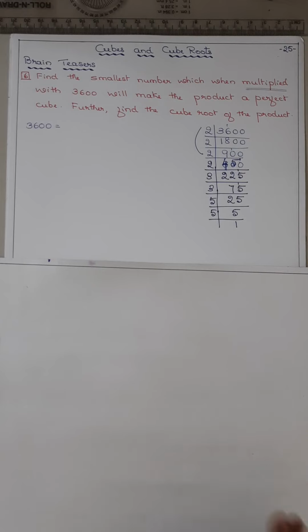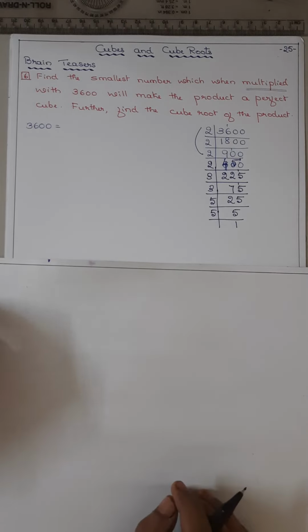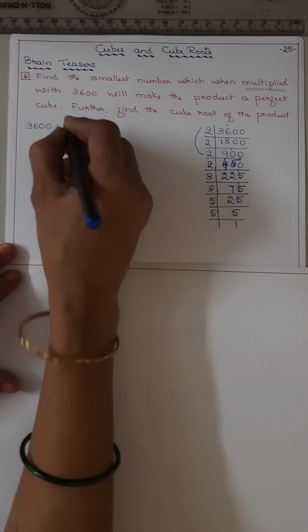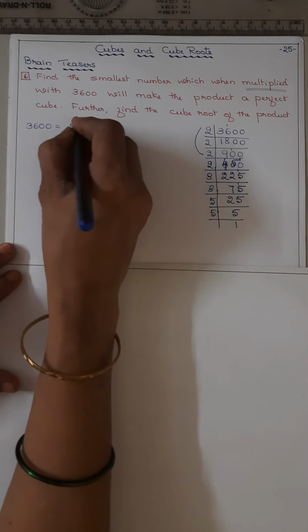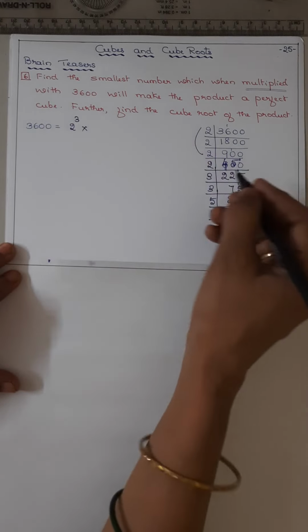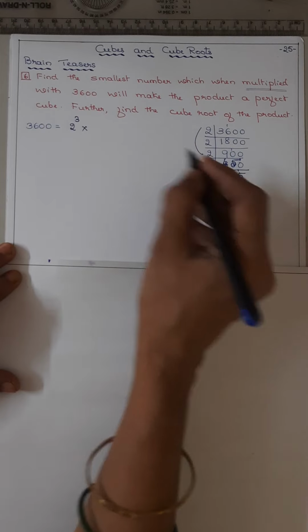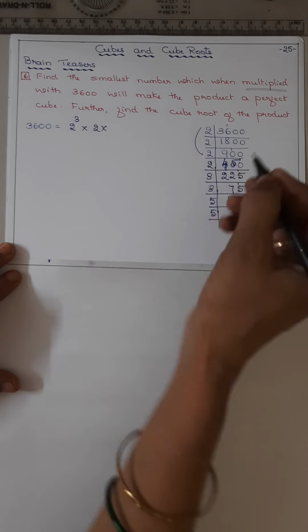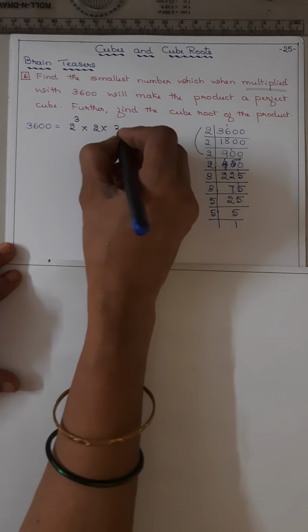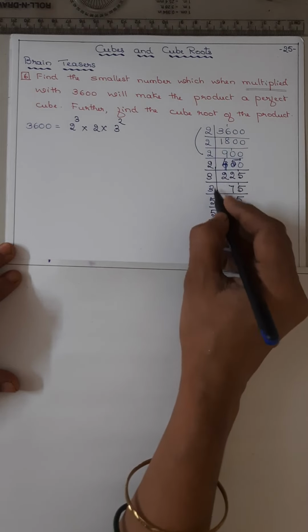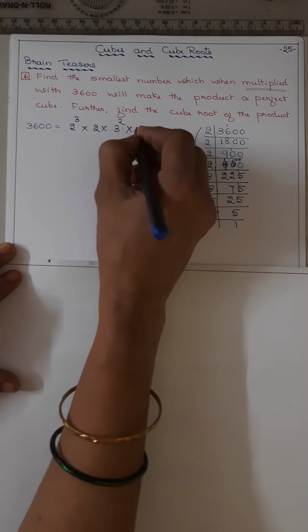Okay, only one number is in triplets. So, you will be writing 2 cube. Now, 2 is separate. Now, 3 square, isn't it? Then 5 square.